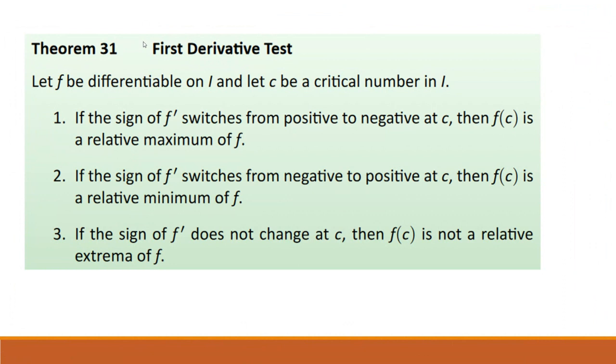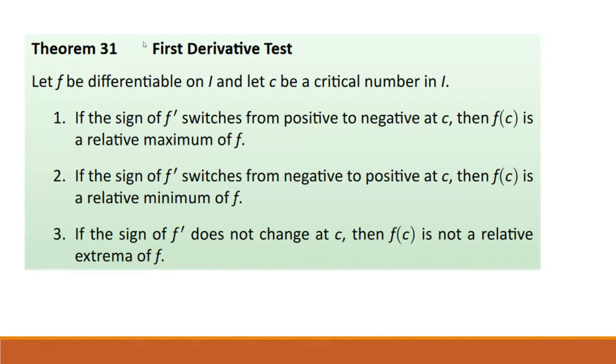Suppose you find a critical point C, and then you look at the values around C. Number one, if the derivative is first positive, then negative at C, then C must be a maximum.